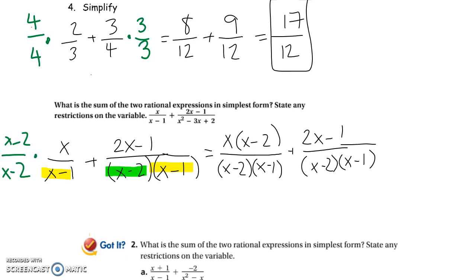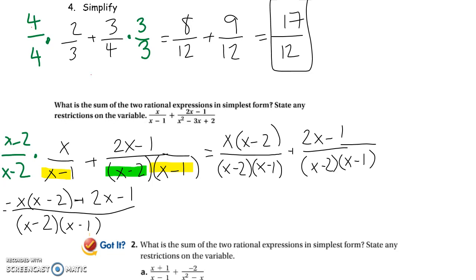Now that we have the same denominators, we can add across the top. So that becomes x times x minus 2 plus 2x minus 1, all over the denominator of x minus 2 times x minus 1. Our next step is distributing and combining like terms in the numerator.